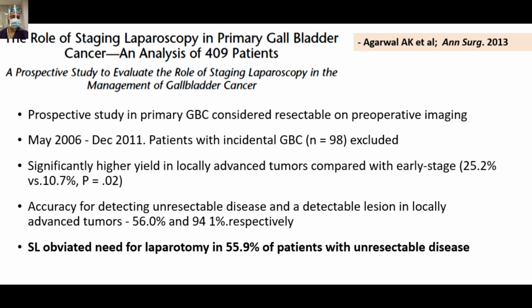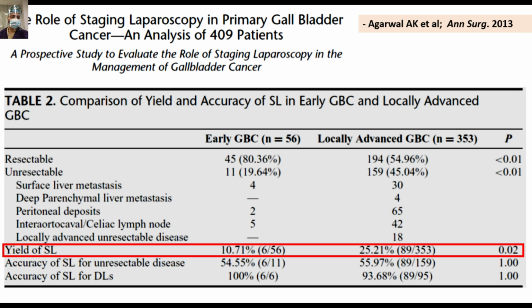And so staging laparoscopy obviated the need for laparotomy in 55.9% of patients with unresectable disease, and that is a very significant number. In a head-to-head comparison between early gallbladder cancer and locally advanced gallbladder cancer, the yield of staging laparoscopy, as highlighted, was 10.7% in early and 25.21% in locally advanced gallbladder cancer, and it is a statistically significant number.